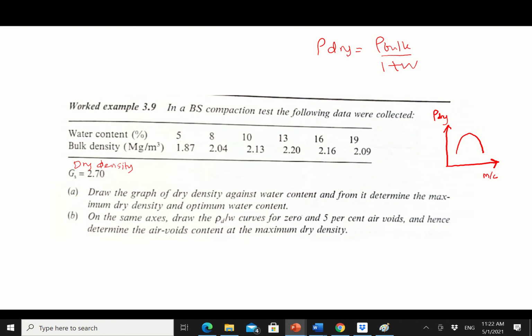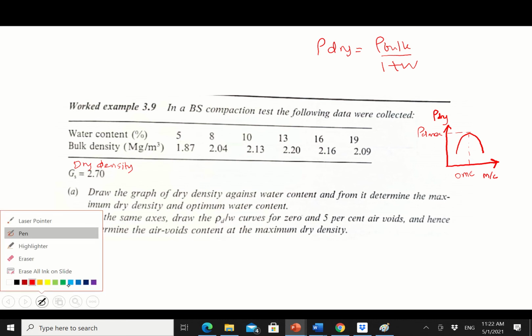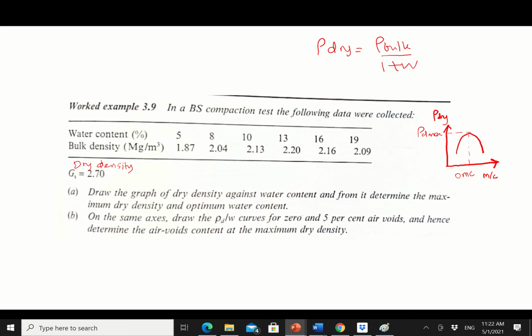And then the question asks for maximum dry density. Again, you will plot for the maximum rho dry max, and corresponding to the rho dry max, you get the value for OMC or optimum moisture content. And of course, the question requires you to draw the rho d over W curve for 0 and 5% air voids.